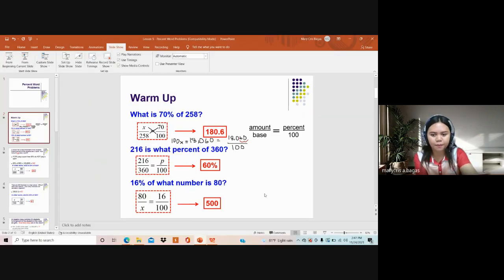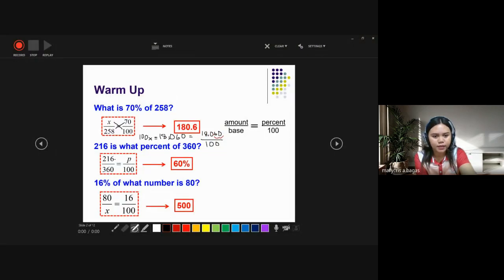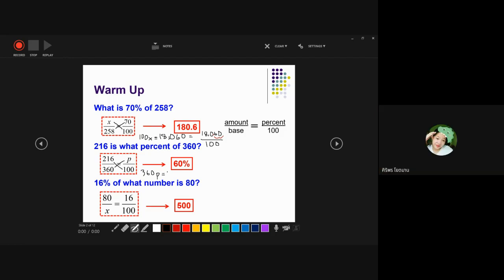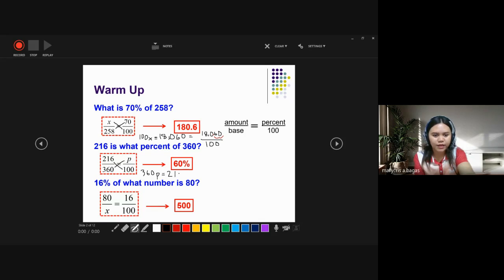If you cross multiply, look at this one: 216 cross multiply by 100, 360 cross multiply by P. So we write 360P is equal to 216 times 100, which equals 21,600.